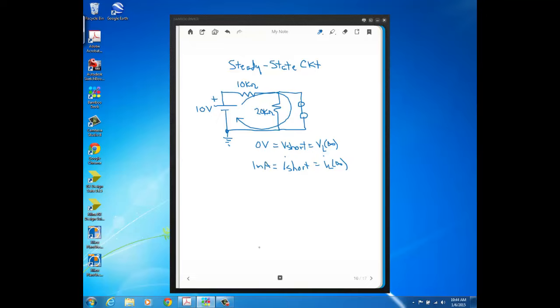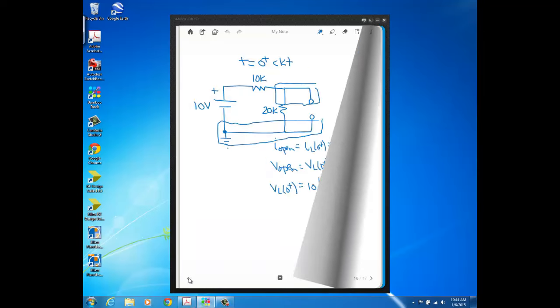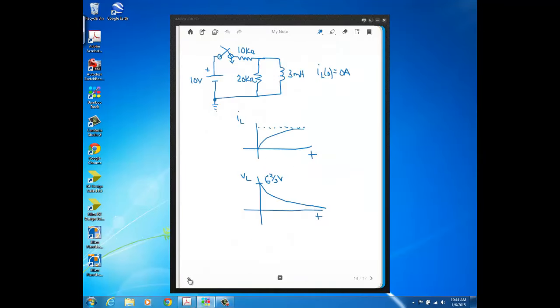Okay, so these are our steady state values. So these are the values that the curves end up at, after 5 time constants in practice. You're going to be 0 volts here, and this final current from the inductor, that's the 1 milliamp.